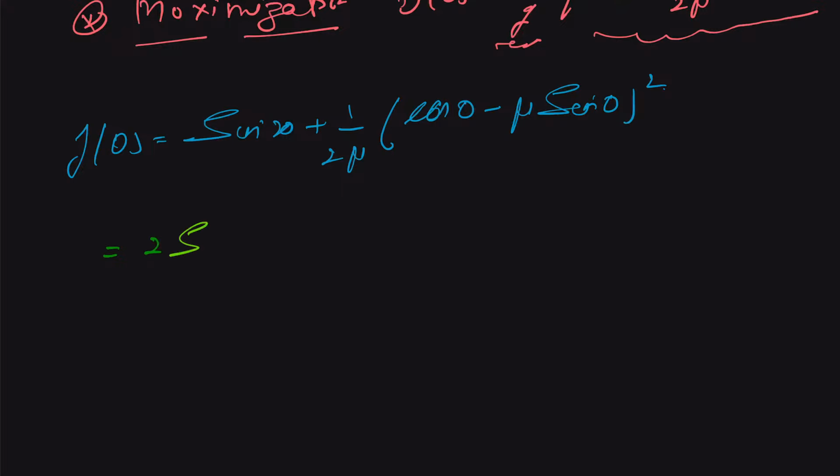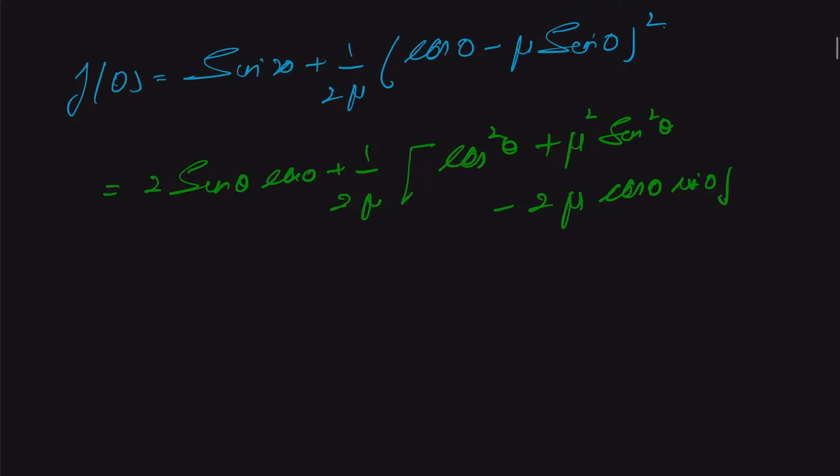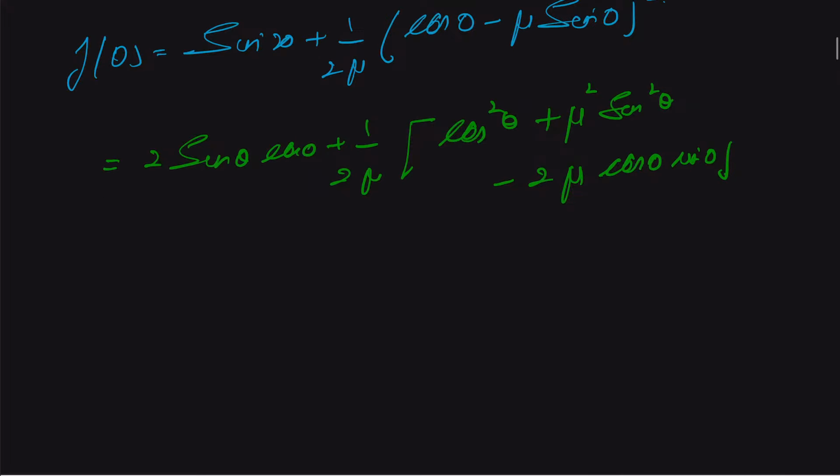First will be 2 sine theta cos theta plus 2 mu. We are going to get this as cos squared theta plus mu squared sine squared theta minus 2 mu cos theta sine theta, and we are going to multiply it by this 2 mu.